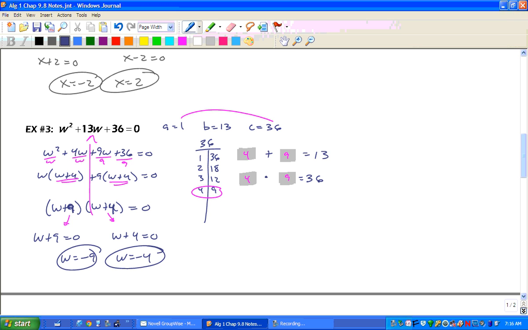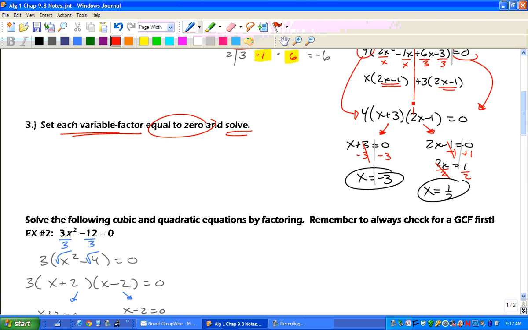Okay? Now, here's a little hint. Whatever the highest exponent is, that's how many answers we have. Okay?